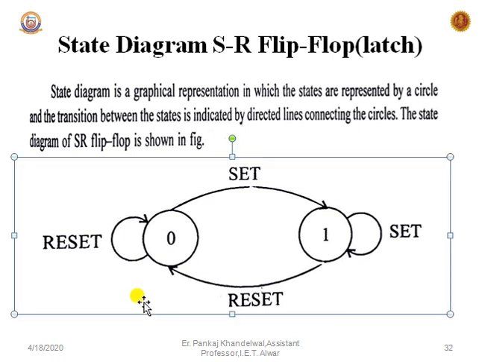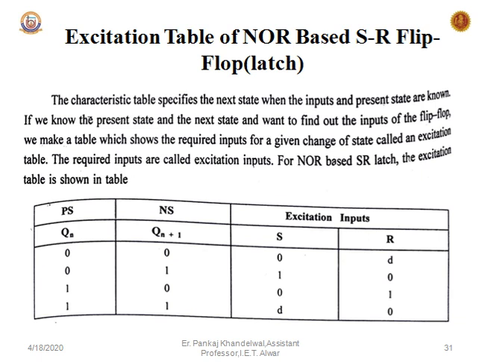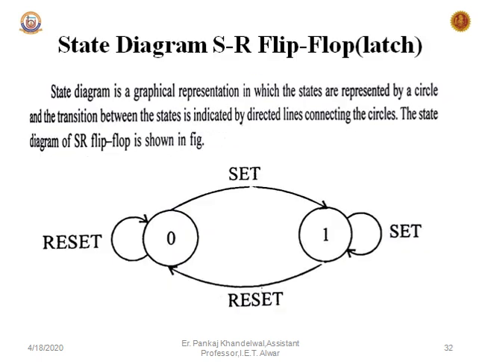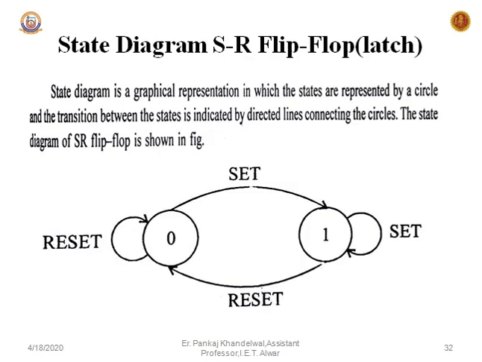If we go to the excitation table, because the state diagram can be designed according to the excitation table, when we go from 0 to 0, present and next state at 0, this can't be set, but this can be reset, because there the reset is either 0 or 1, so we show reset here.